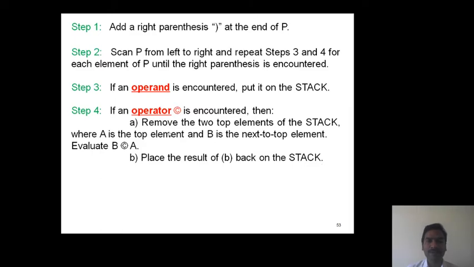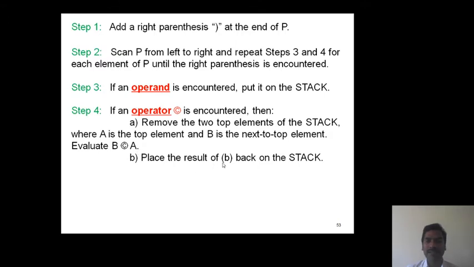Okay, only two types of elements are possible. The element may be an operand or an operator. So if an operand is encountered, put it into the stack. If an operator is encountered, then remove the two topmost elements of the stack, where A is the top element and B is the next to top element, and then apply B operator A format.